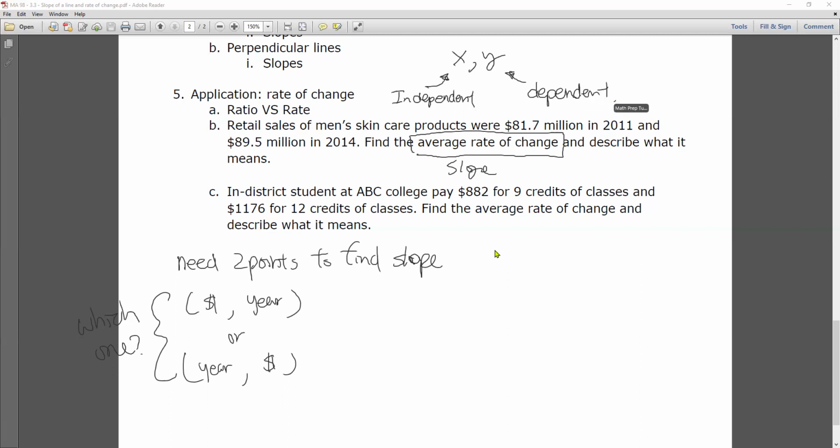So the question you need to ask yourself is this: does money depend on the year, or does the year depend on money?